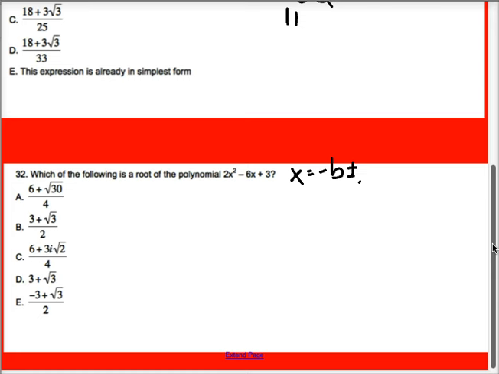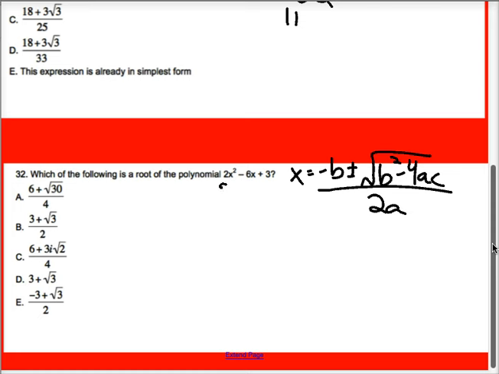So let me remind you what the quadratic formula looks like. Oh, I'm sorry, started writing it wrong. So it would be a very good idea to remember that formula, okay? It may come in handy.